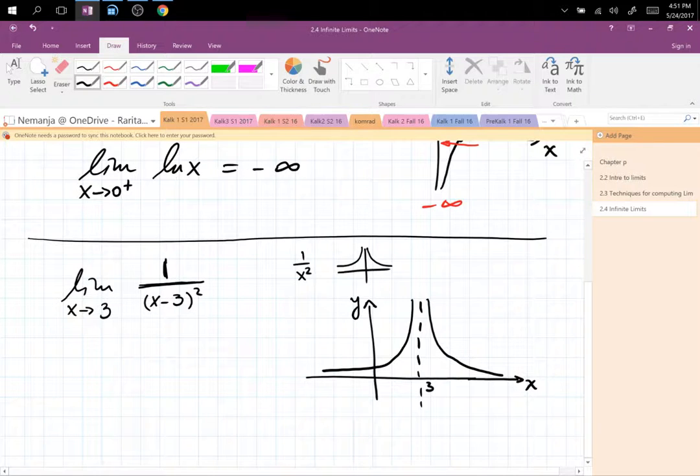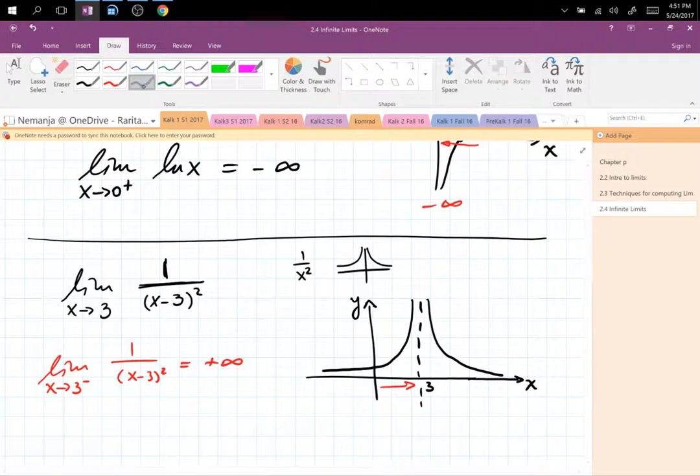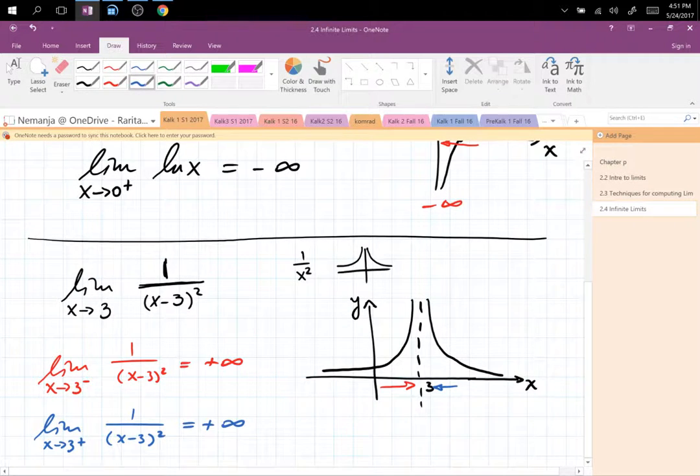And now we can use our approach from left and approach from right. So approach from the left would be limit x approaches 3 minus, which means from the left, of 1 over x minus 3 squared, and we see that's positive infinity. You can just write infinity, you don't need a plus. And then the blue approach, which is from the right, is limit x approaches 3 plus, from the right, of 1 over x minus 3 squared, also gives us positive infinity.